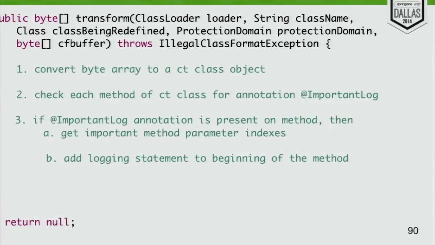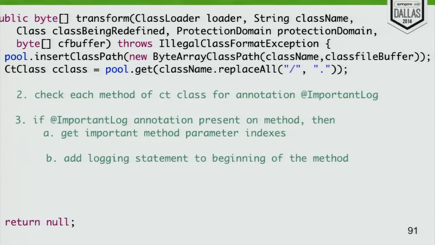Then 2, we're going to want to iterate over all of the methods in our CT class object and search for ones that have the @important log annotation on them. If we find one with the @important log annotation, then we need to grab the input parameter indexes that we need to log and add our logging statement to the beginning of the method.